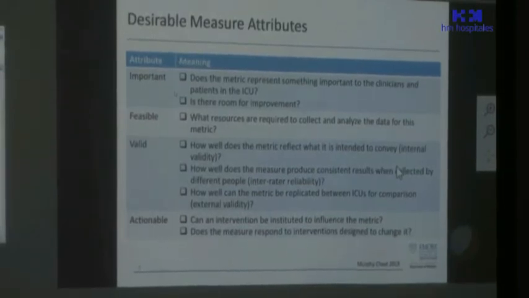As we're dealing with a global conference, how do we make sure that one metric in one ICU is comparable in some way to those in another hospital or another ICU across the country or across the world? And then is there an action that we can execute that can influence this metric?